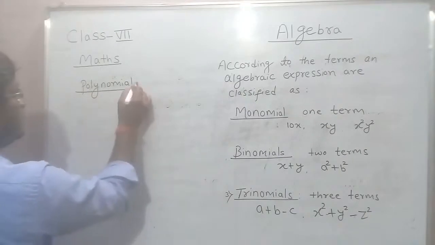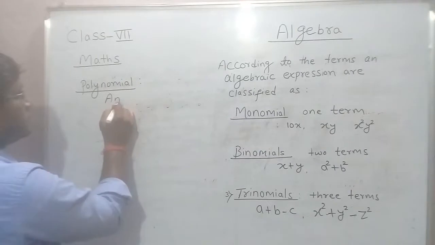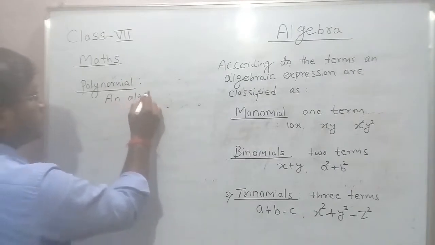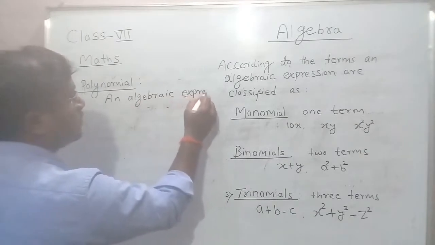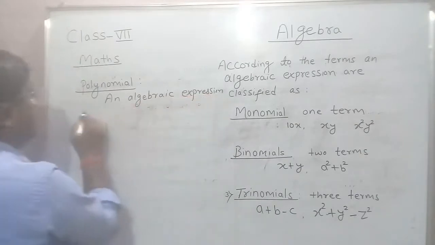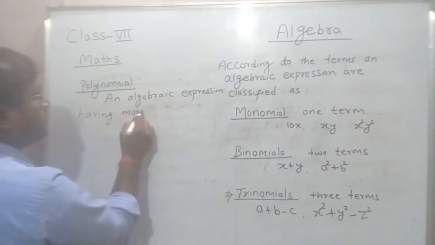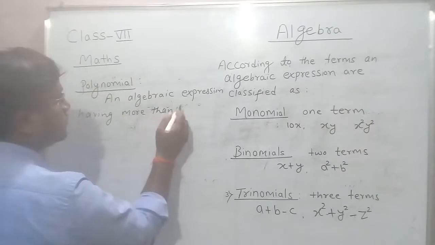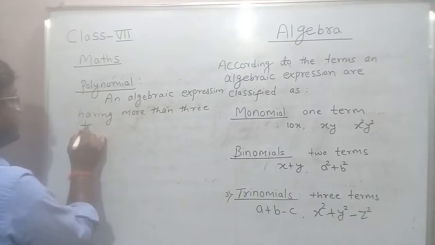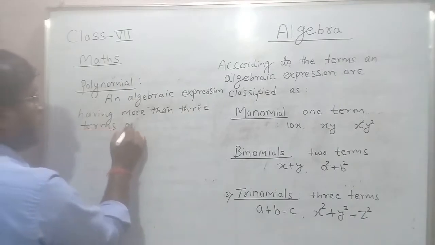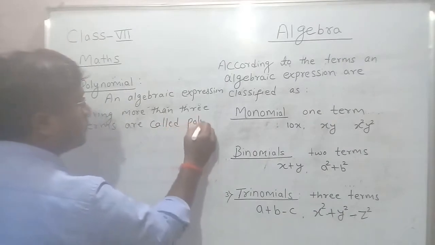An algebraic expression having more than three terms is called a polynomial.